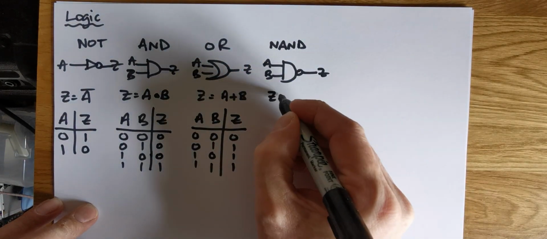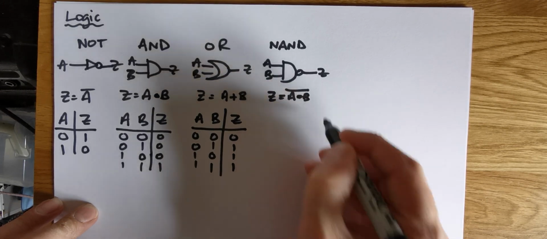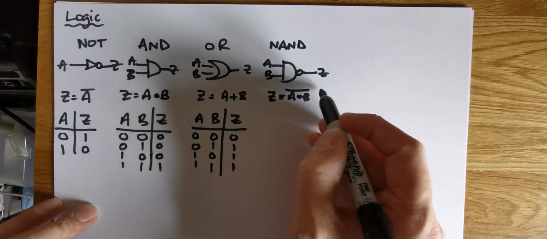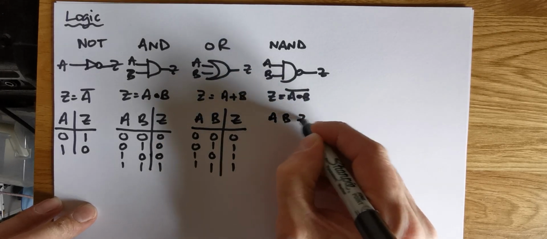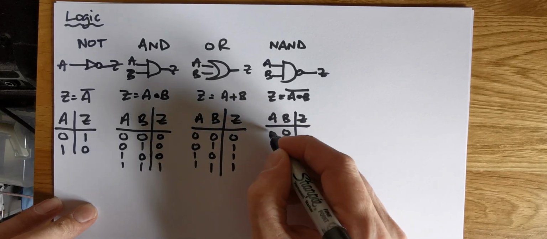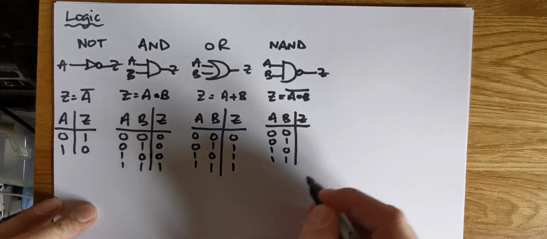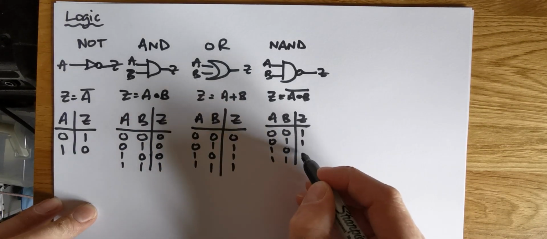The Boolean term would be Z equals A NAND B. Notice the bar goes right across the inputs and the sign. And the truth table for the NAND gate is the opposite of the truth table for an AND gate. There's AND, so that means a NAND is not that.